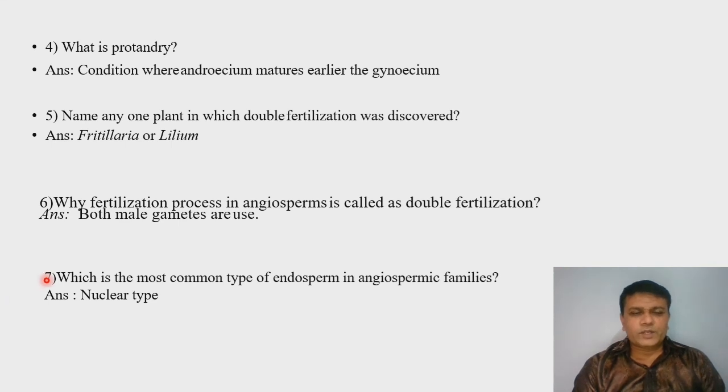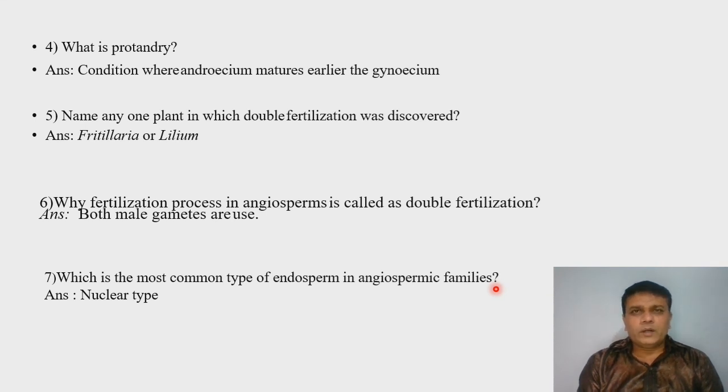Now the next question is which is the most common type of endosperm in angiospermic families. Now you know that the product of second fertilization, that is triploid primary endosperm nucleus, undergoes cell division to produce a nutritive tissue called as endosperm, and this endosperm provides nourishment to the developing embryo.